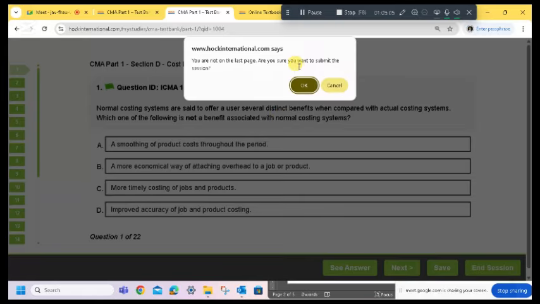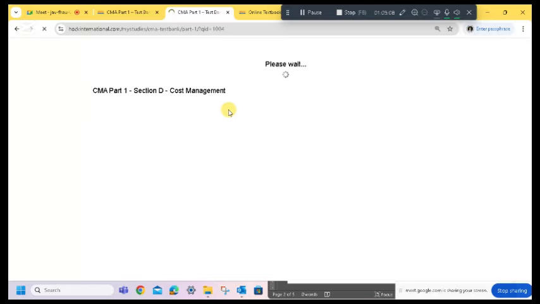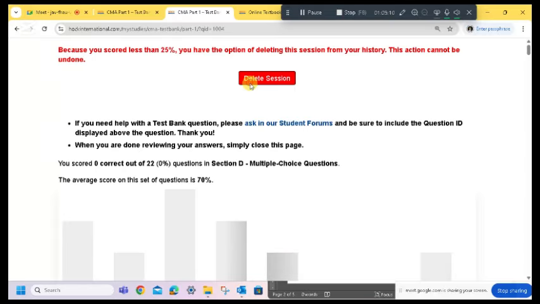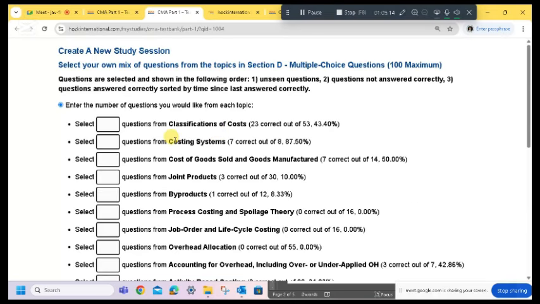Costing systems we did not study, but cost of goods manufactured and sold we have done. So let me reselect the area. The slides did not come yet for this one, but this we have done.